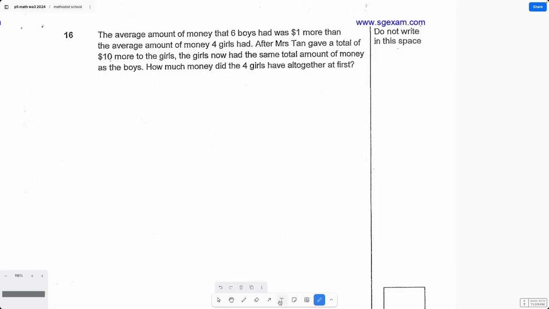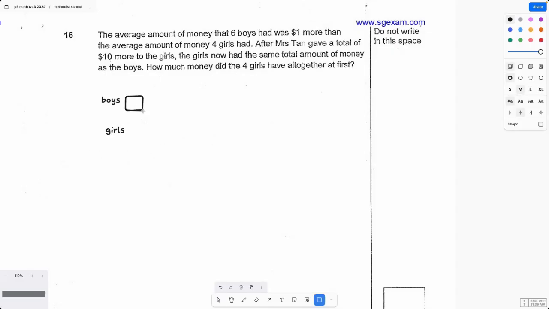All right, so that means on average, right? So this is the boys, and these are the girls. If I were to draw a model, the boys have this. Let's call this 1 unit. Girls also have 1 unit. So this statement says the average money of the boy, so one boy on average has $1 more than the average amount of money 4 girls had.